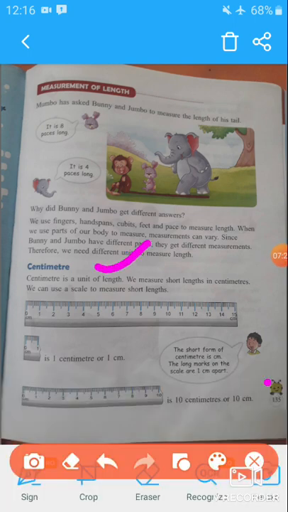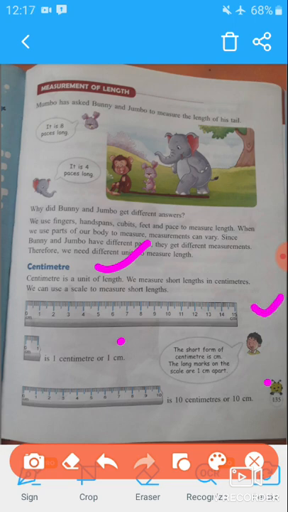Look here. First of all, let's discuss centimeter. Centimeter is a unit of length. We measure short lengths in centimeters. We can use a scale to measure short length. This is a scale, and this scale is a centimeter scale.